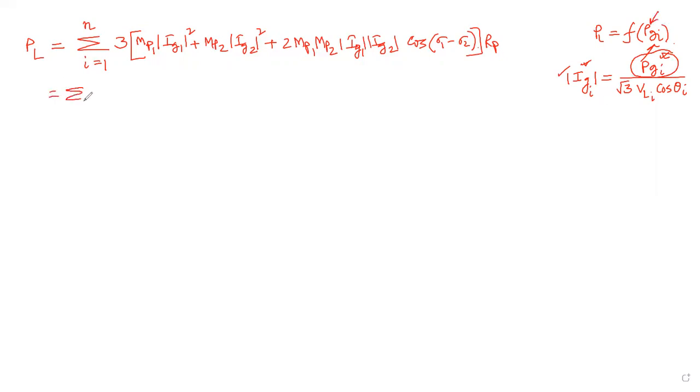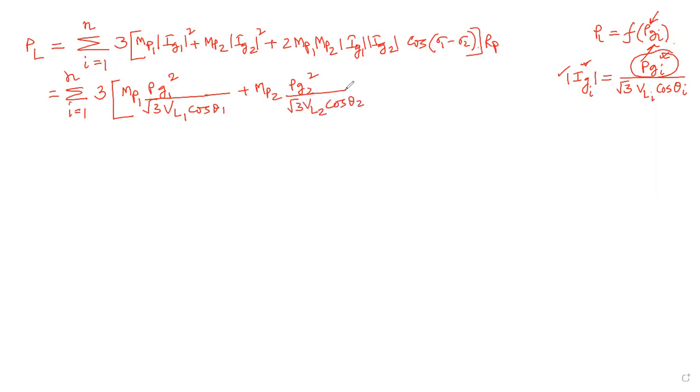So let's do it. Summation i equals 1 up to n, 3 times: m_p1 times, since this is I_G1, so this would be P_G1 squared over square root of 3 V_L1 cosine theta 1, plus m_p2 P_G2 squared over root 3 V_L2 cosine theta 2, plus 2 m_p1 m_p2.